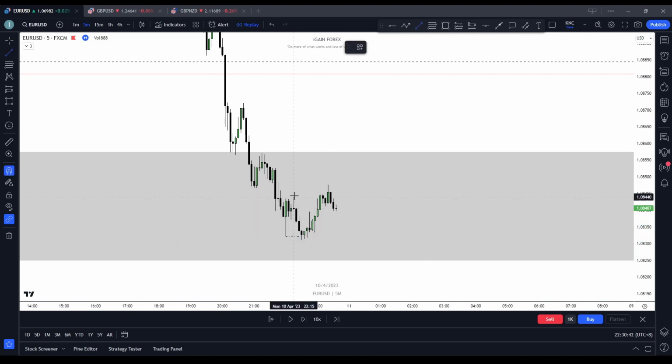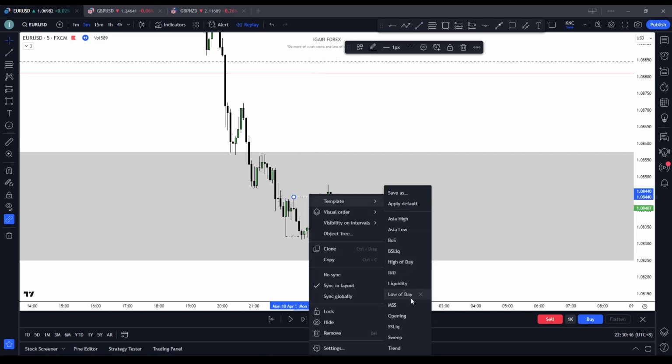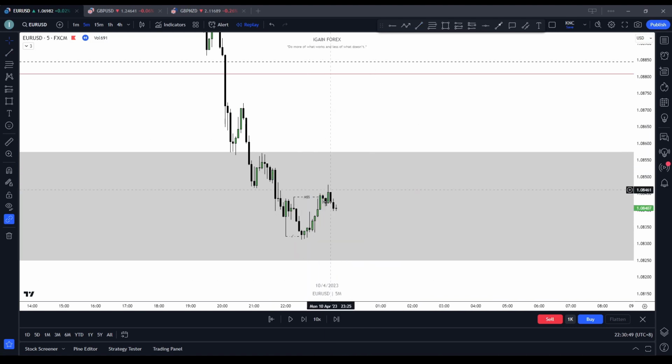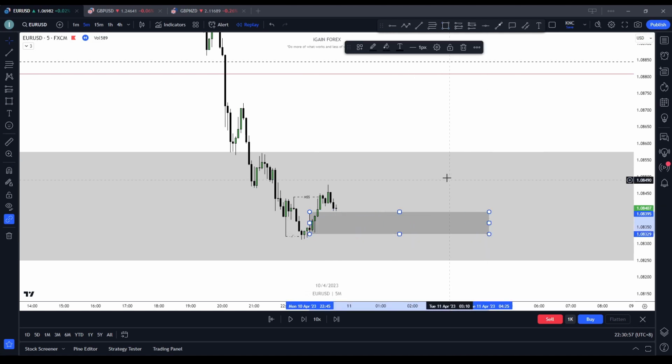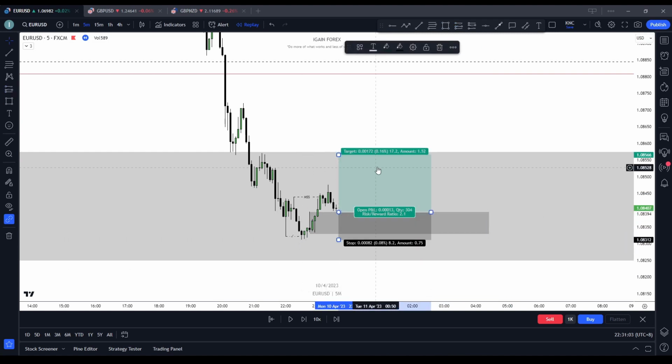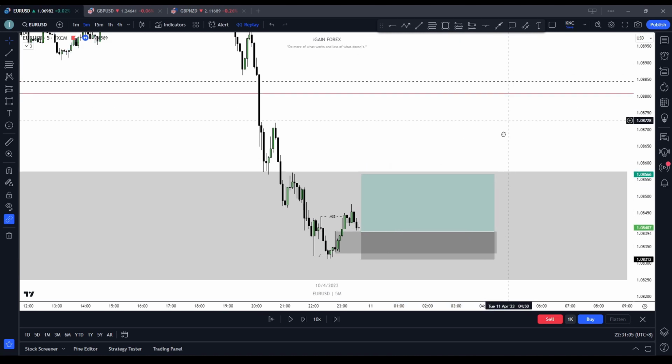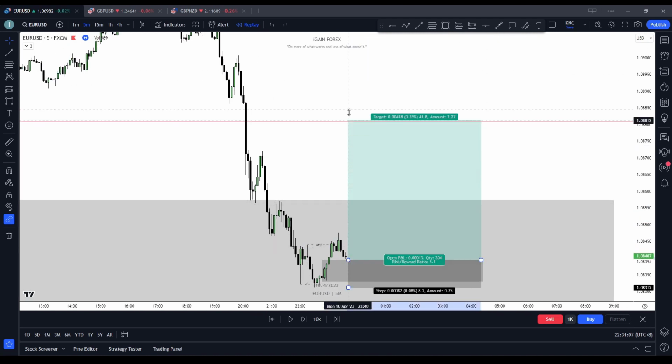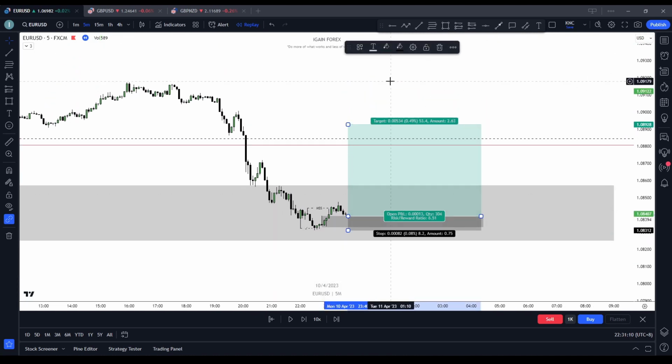You can see here, guys, that we have our market structure shift. So I will be entering at this demand zone. Stop loss is below this area, and our target profit will be the previous highs at the 4 hour time frame.